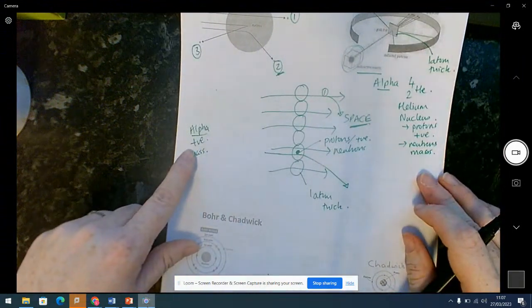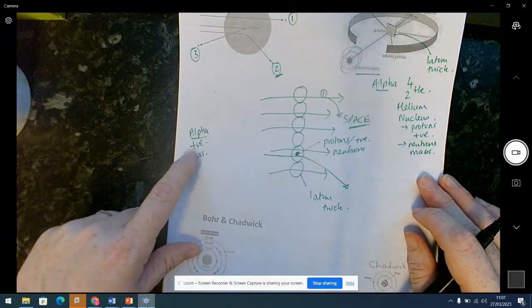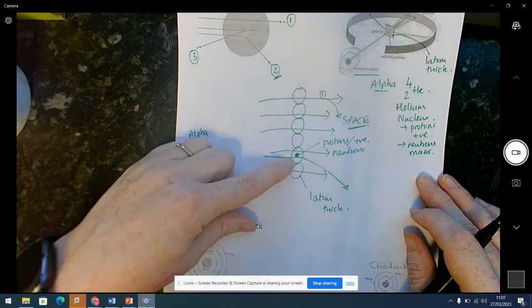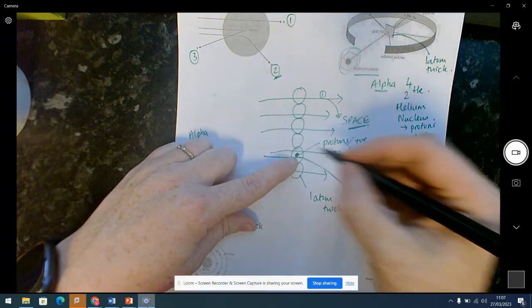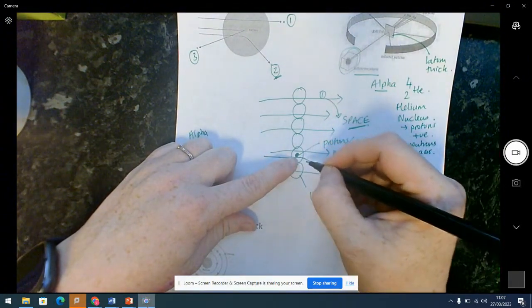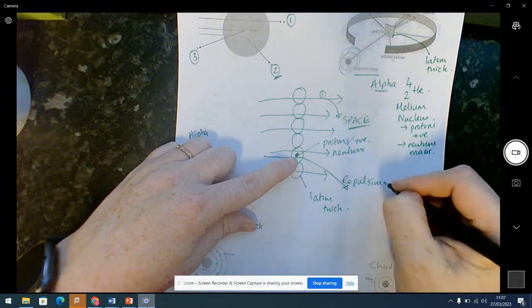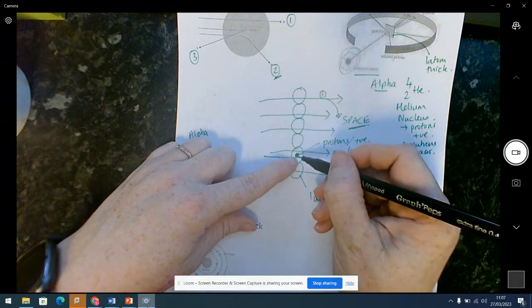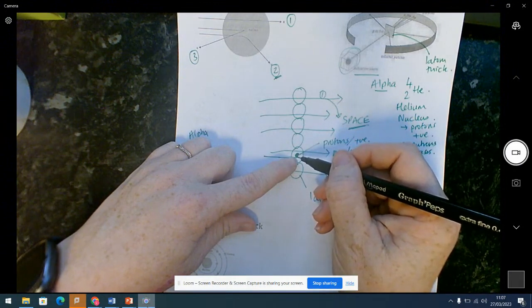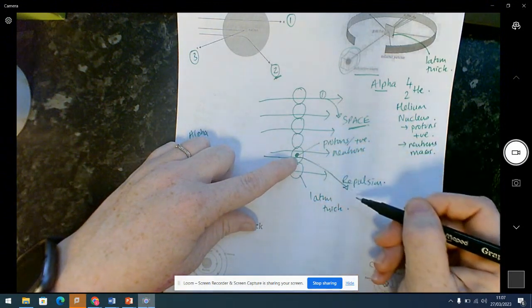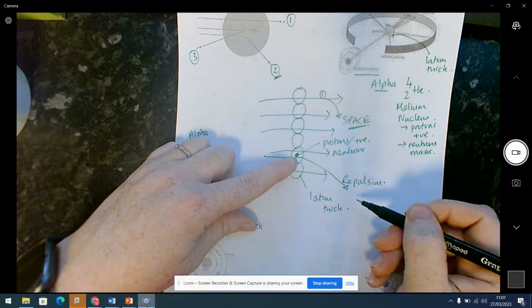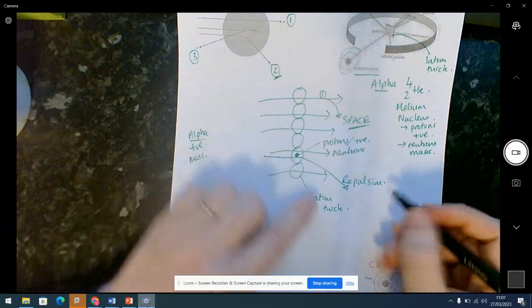Now, alpha is also positively charged. So when the alpha radiation came very close to the nucleus, well, likes repel. And this here is repulsion. Okay, so essentially 2 positive charges have been brought close together. So as a result, the alpha radiation repelled away from it and deflected away.